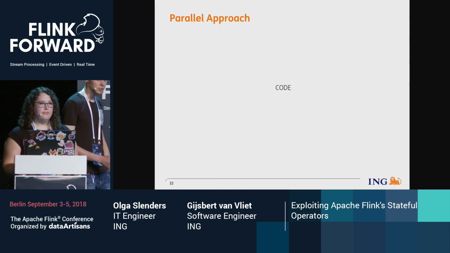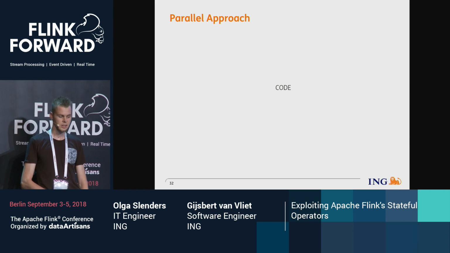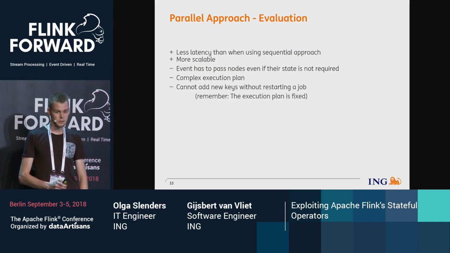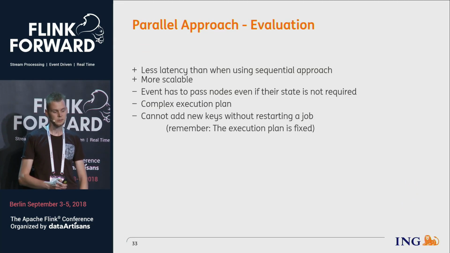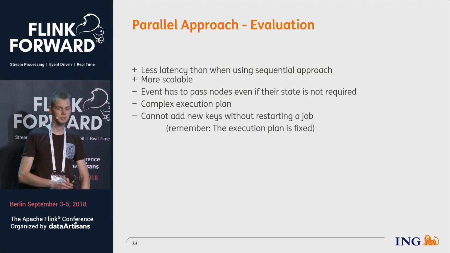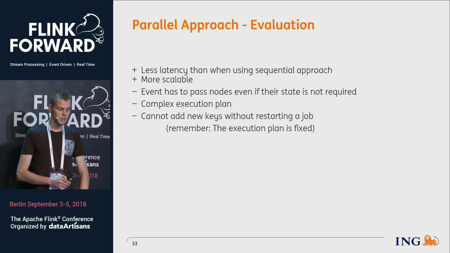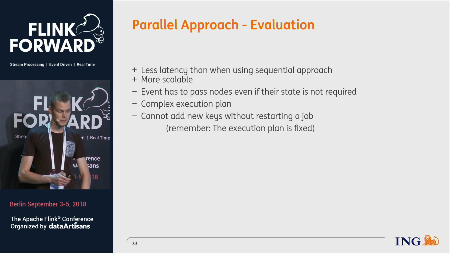Okay, so let's also evaluate this approach. One of the advantages is that it's better scalable and the latency will be better than the sequential approach that we talked about earlier. Still, we have the drawback that events have to pass every node, even if the state is not required.